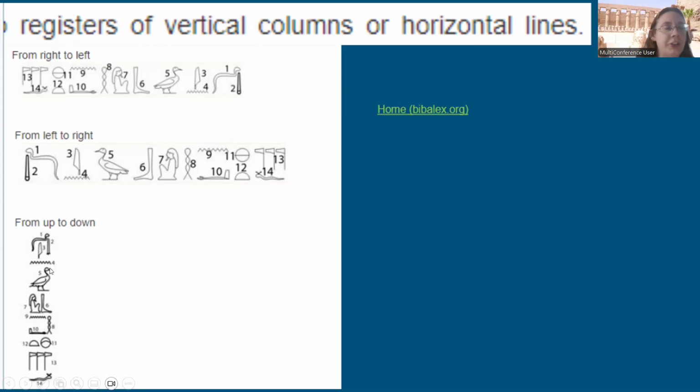So this is just giving you one because you would start here and go down, but if there were multiple sections of vertical text and the animals and people were all facing right, that's telling you that you start at the last section of vertical text and end with that section.